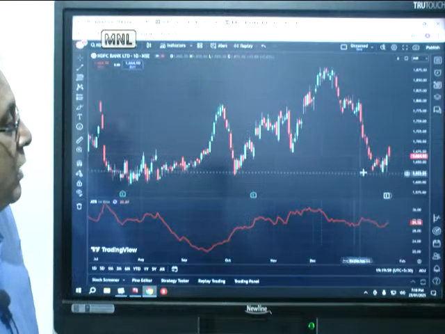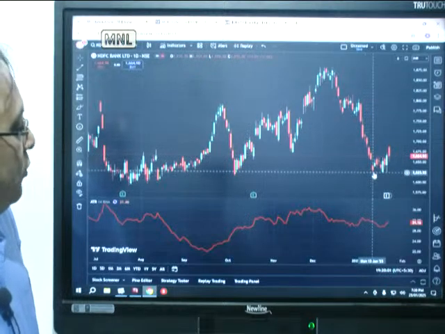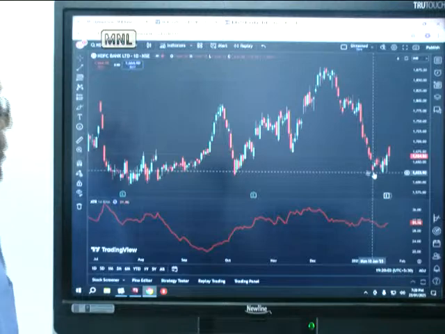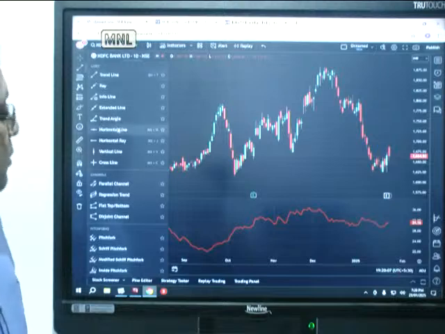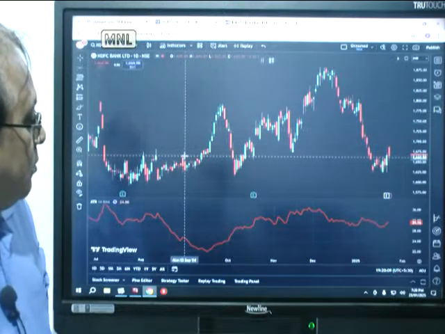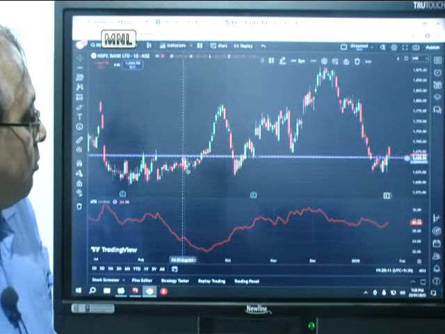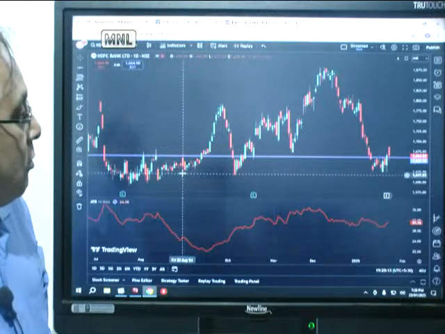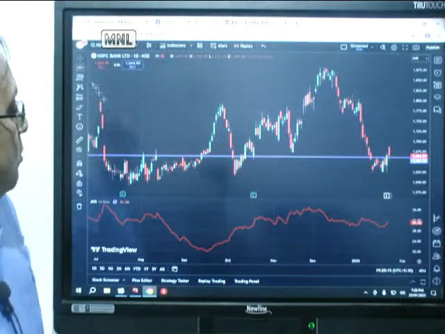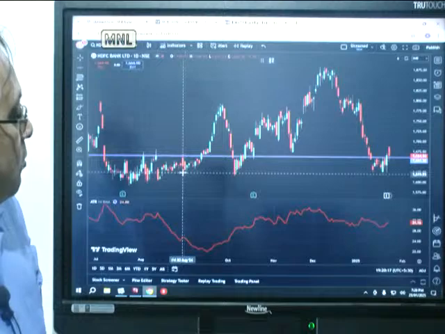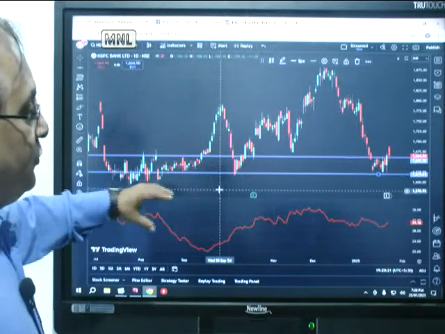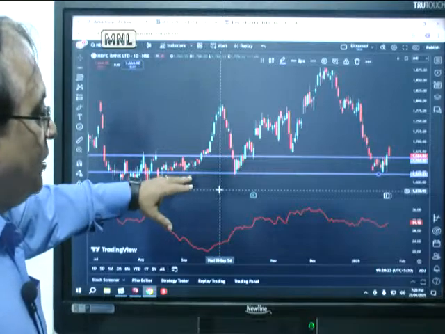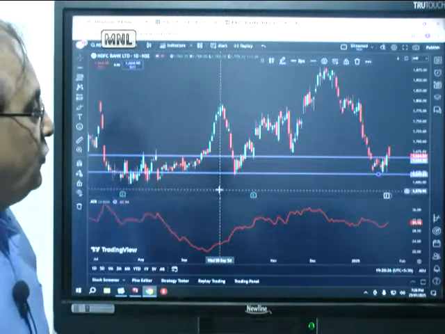So if you look at this low, I'm keeping a horizontal line. Those horizontal lines, you can see price, if it starts to go above this, because this is the low.